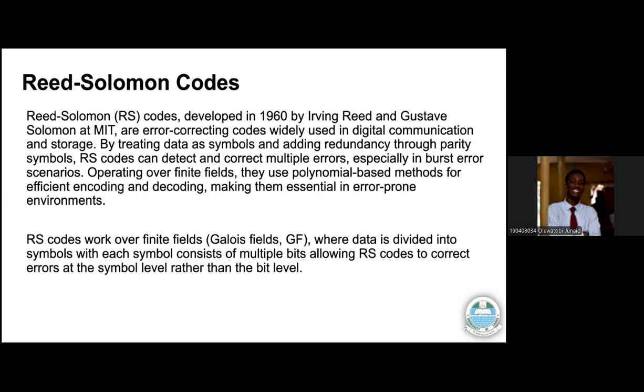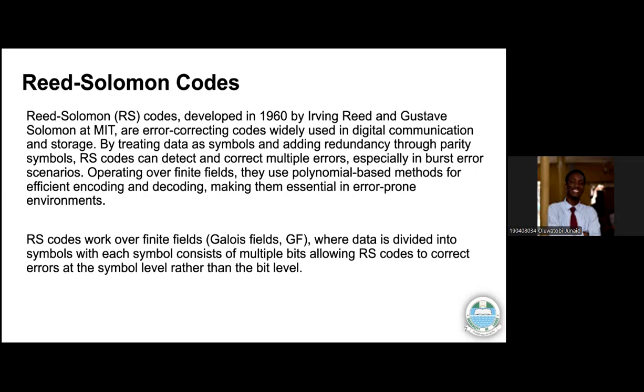More about this is that the Reed-Solomon code is a method of error correction based on polynomial algebra, which is built upon the Galois field. What this means is that it works with math operations to perform error correction calculations.